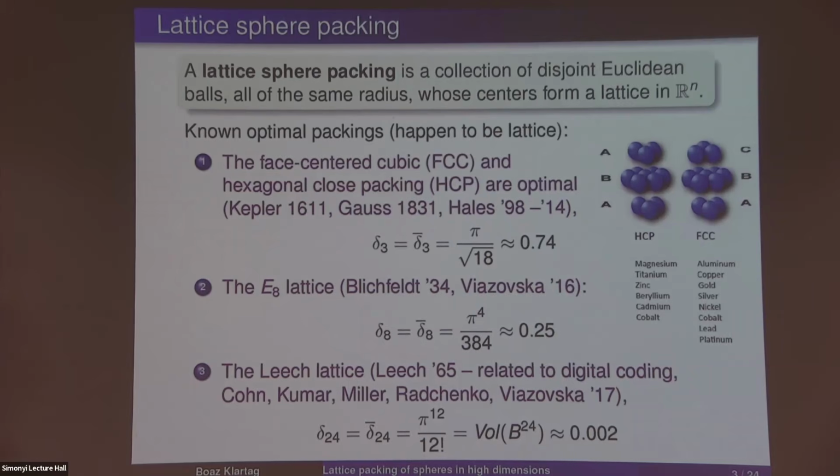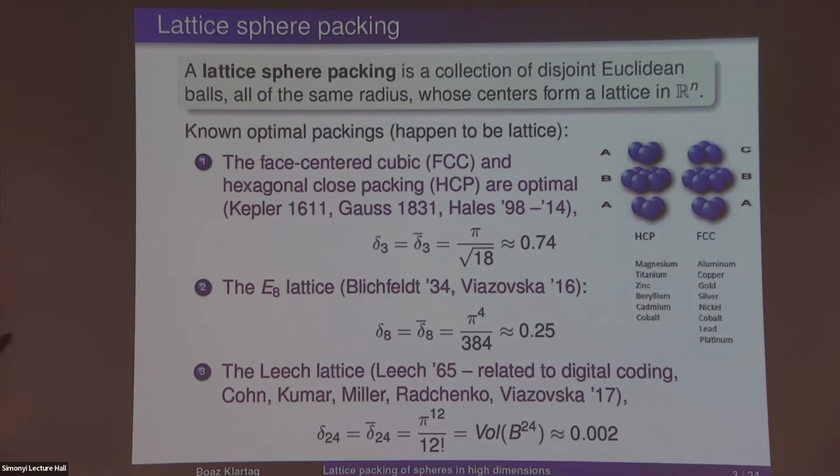In particular, there is a model of communication from Shannon called the Gaussian channel. When you want to transmit digital messages, you want to find vectors in R^n that correspond to these messages. The noise is in L2, so you want the messages to be as far apart as possible in terms of the Euclidean distance. So you basically want to find a sphere packing, or even a lattice sphere packing, to encode messages.